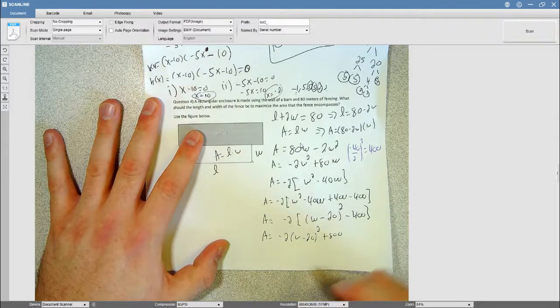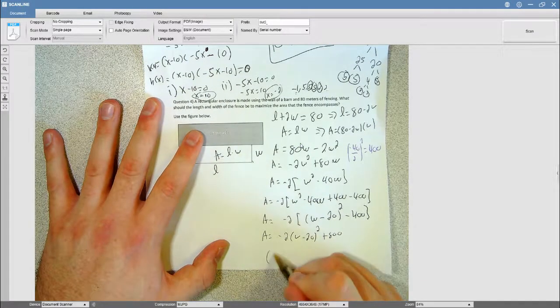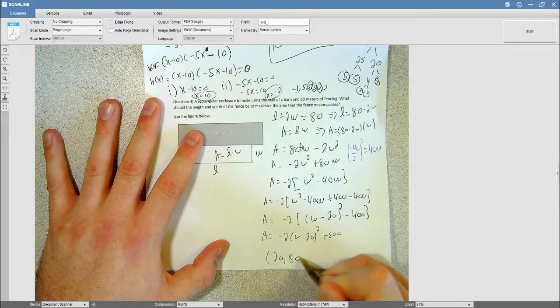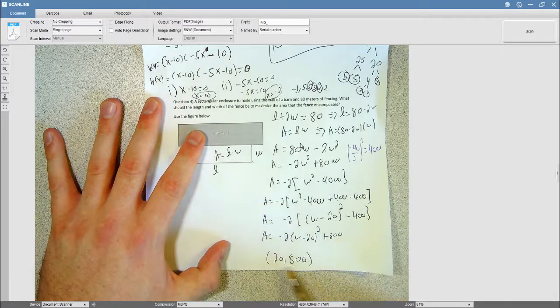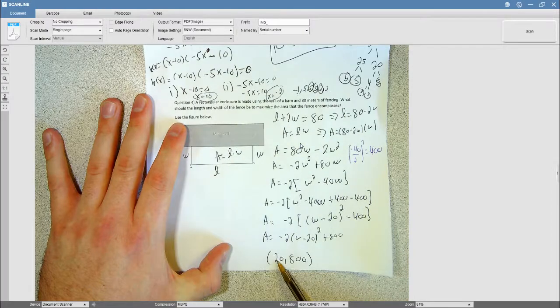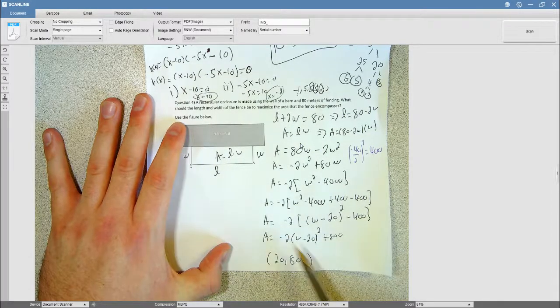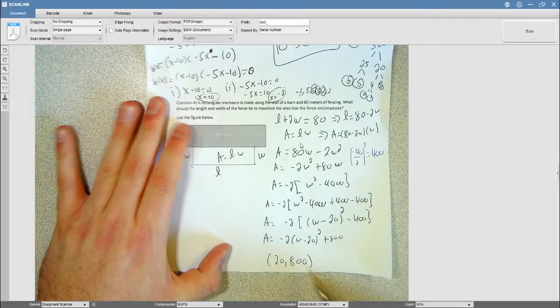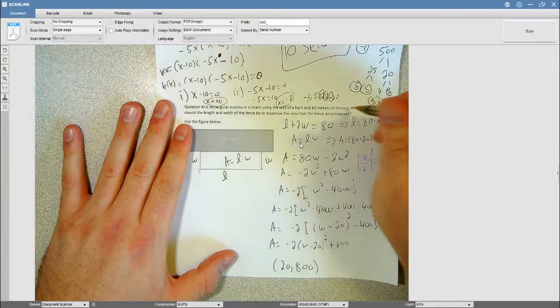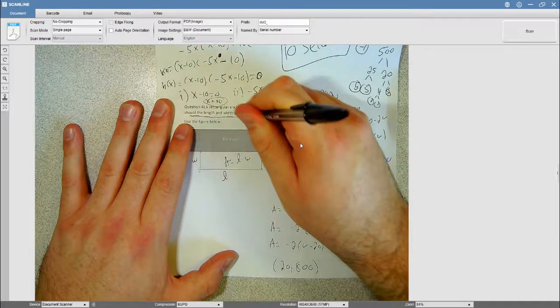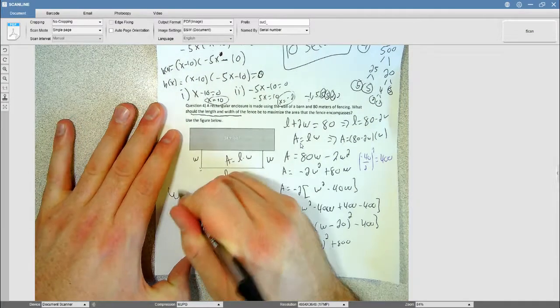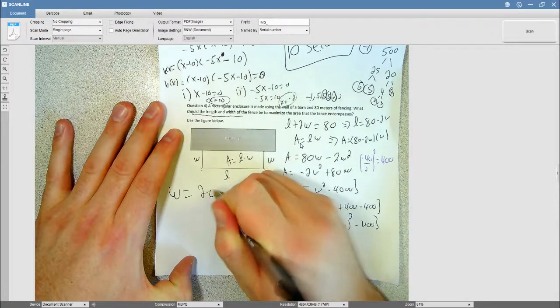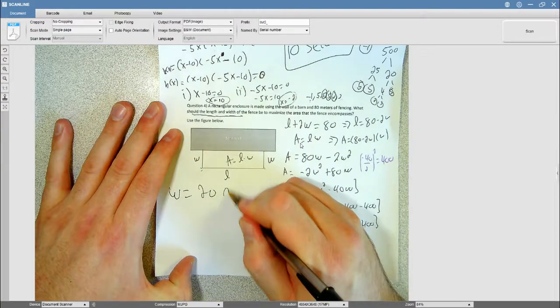So what's the vertex here? The vertex would be 20, 800. So that's telling us that when the width is 20, the area is maximized and we'll have an area of 800. But that's not the question. The question is what should the length and width be? So we know that the width should be 20 meters.